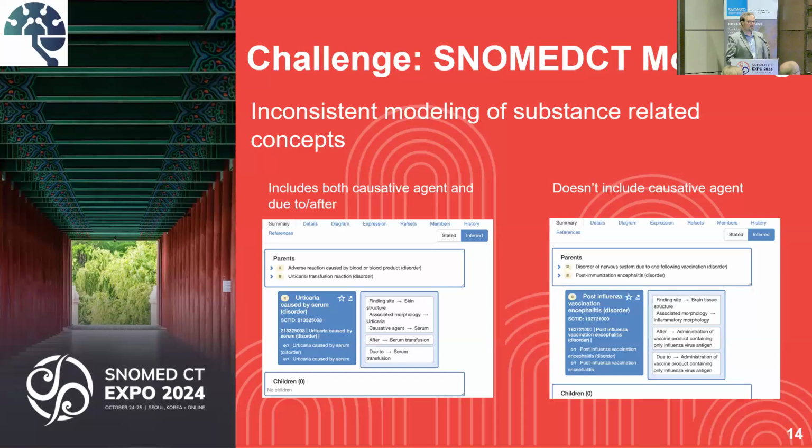There are a lot of things that make this hard that are just about the underlying content. Modeling is not always 100% consistent in SNOMED. So if you say, I'm going to depend upon there being a reference to a particular substance, there's a lot of things that can go wrong. If there isn't one, or it's not the kind of thing that you think it is, then you can wind up missing the nature of what the thing is, because it looks different at this technical level.